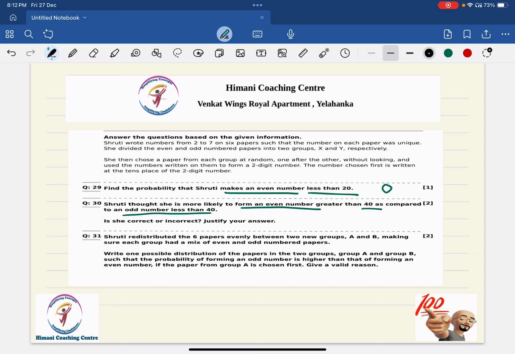So if a paper from Group A is chosen first, then that becomes the tens place digit. So that means the numbers in B should be more odd. Numbers in B should have more odd numbers than numbers in A.